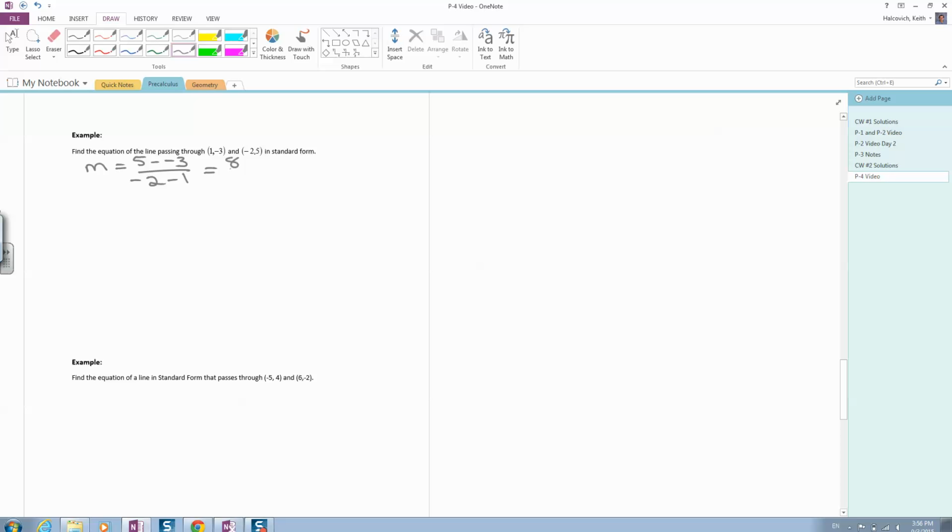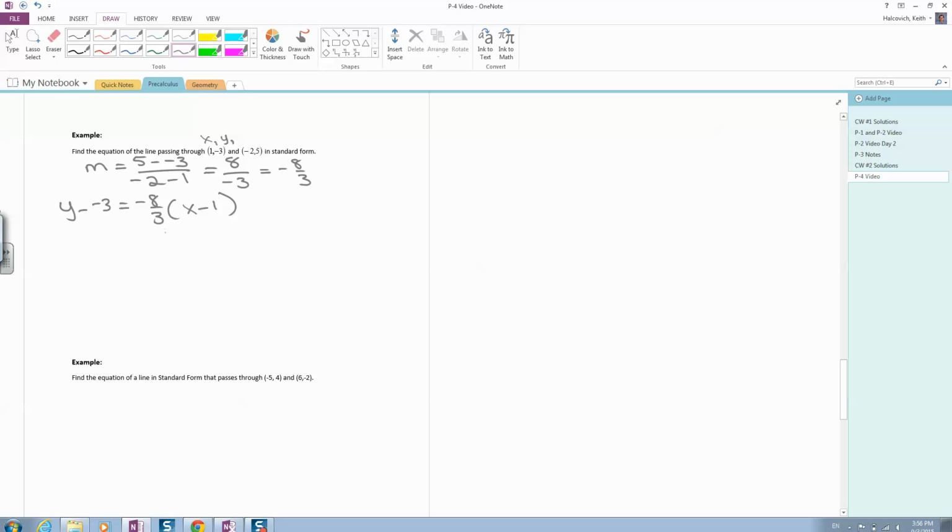So we get 4 over -2, which is -2. Then we're going to choose one of the points. So I'll choose this to be x1 and y1 and put it in the point slope form. So it's y minus 5 equals -2 times x minus -3.